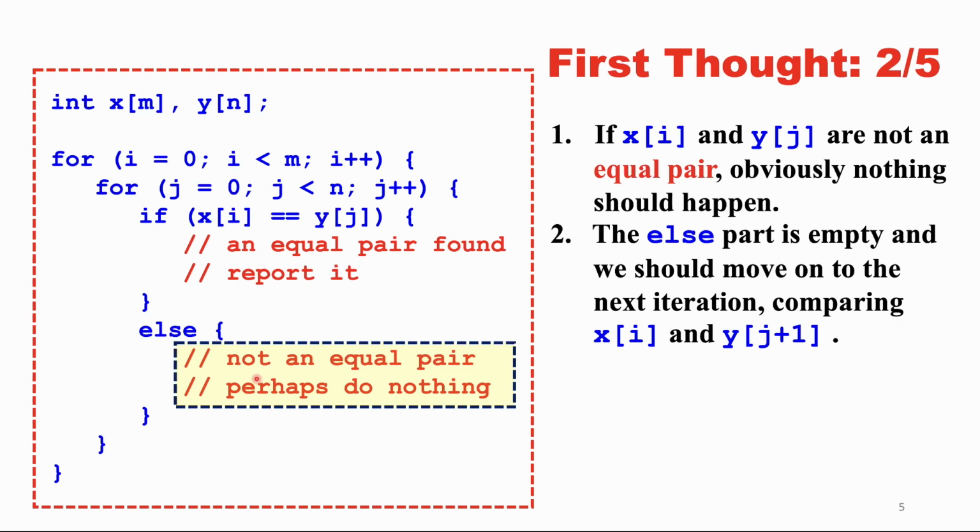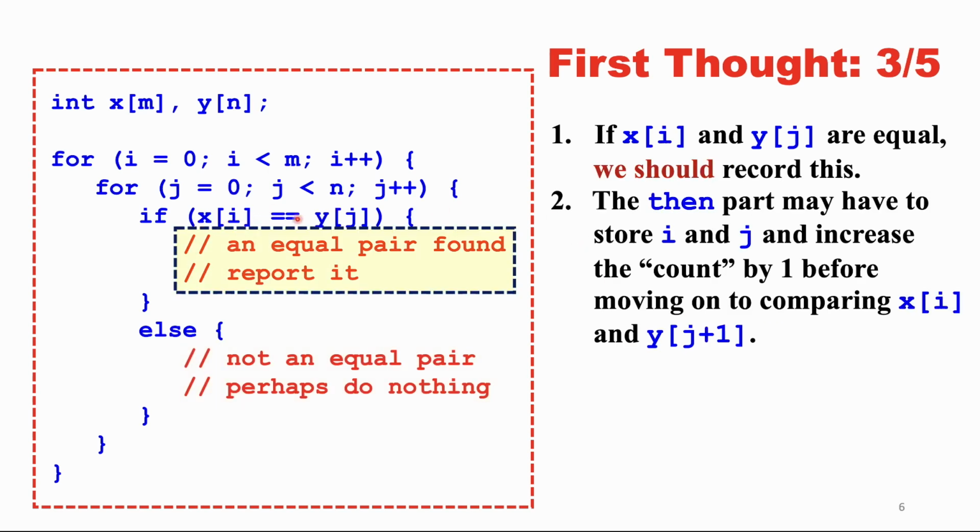As we mentioned, if xi and yj are not an equal pair, obviously we don't need to do anything. So the else part is empty. We should compare xi to yj plus 1 in the next step.